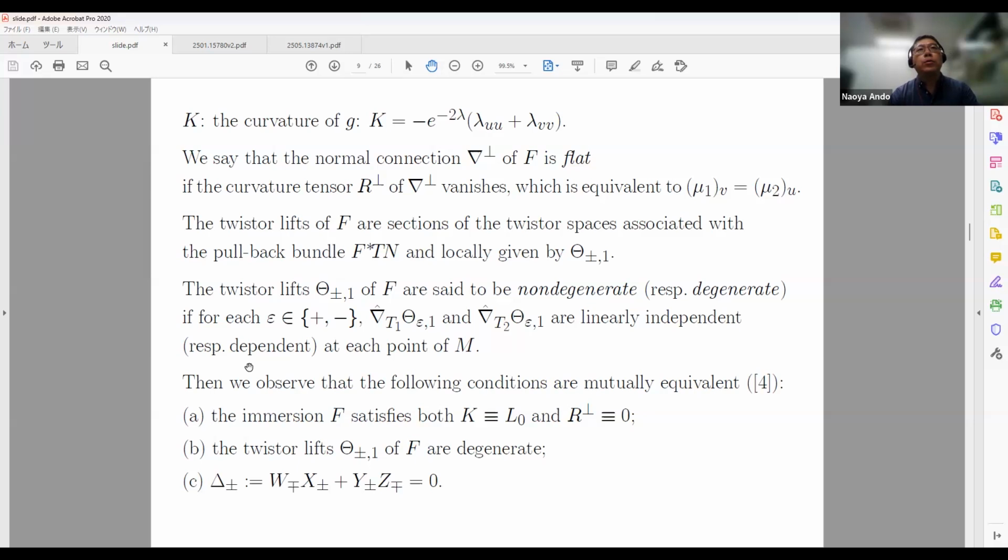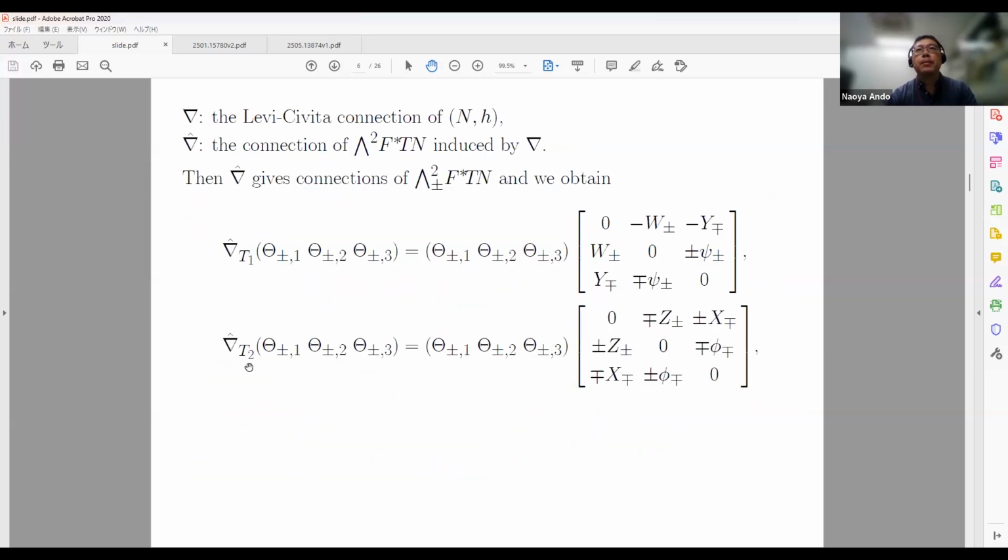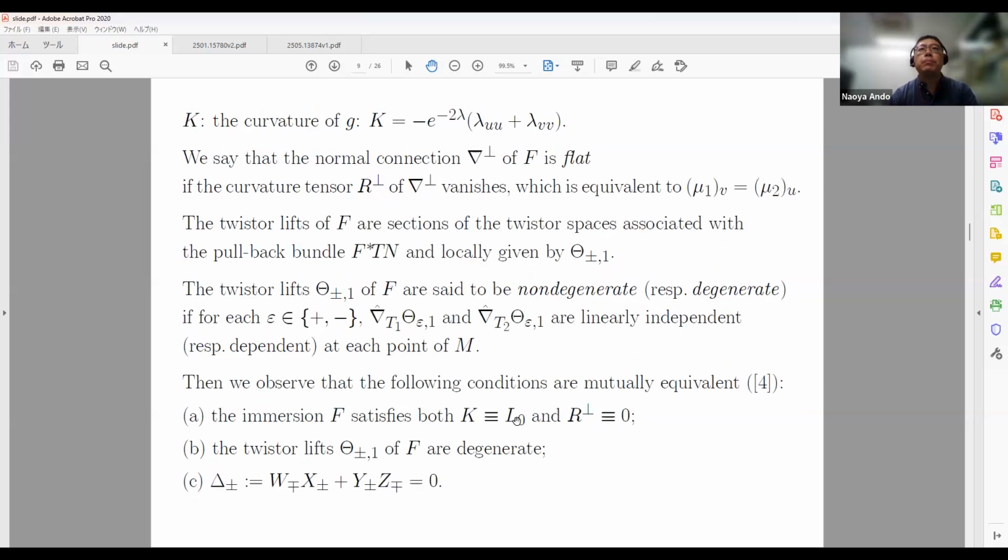Then, noticing the first column of the matrix, we observe that the following three conditions are mutually equivalent. Condition A, the immersion satisfies these two conditions. Condition B, the twistor lifts of F are degenerate.